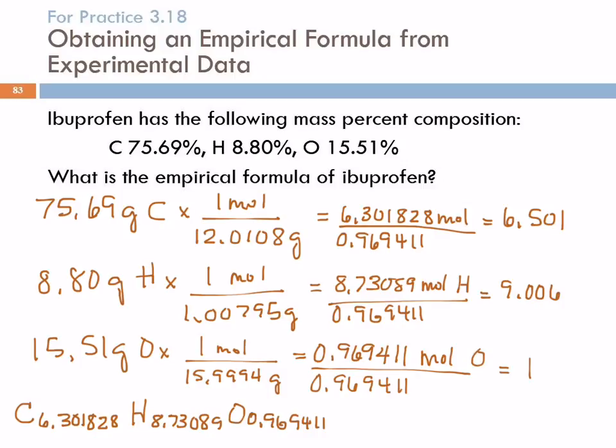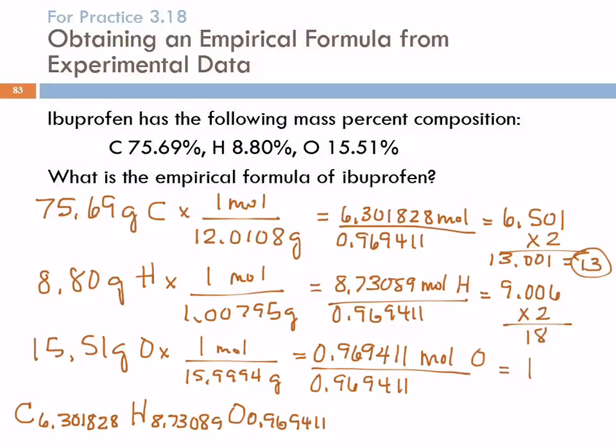So I still have this number in my calculator. I'm just going to multiply by 2. And I get 13.001. Can I round that to 13? Yes. Okay, this is good. We have to multiply the other numbers also. Otherwise, the ratio is going to change. So 9.006 times 2.